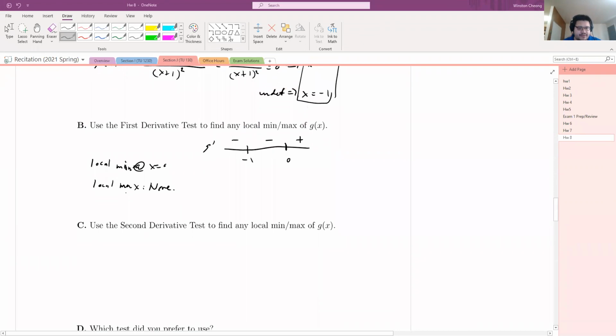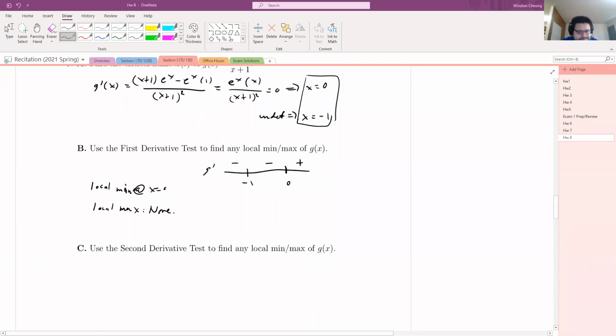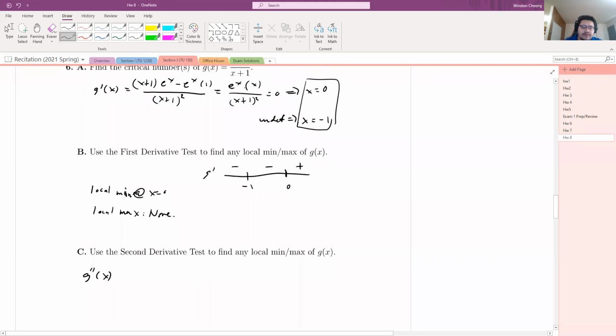Yeah, so second derivative test. G double prime of x. So I need to take the derivative of the first derivative. That's going to involve a product rule inside of a quotient rule, which we have to do. x plus 1 squared.